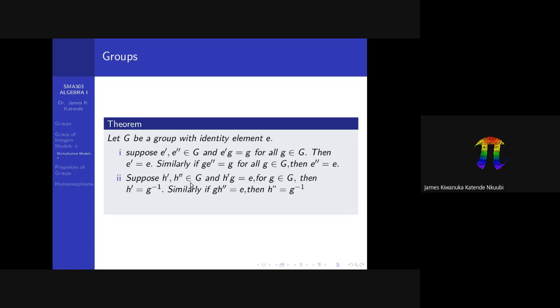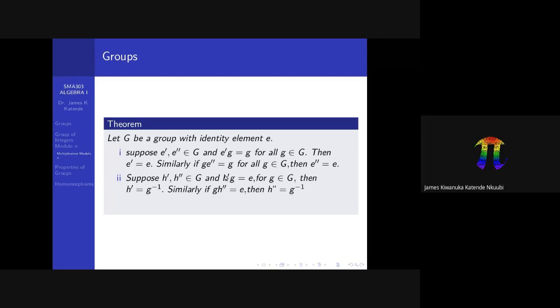So the next statement says, suppose we have two elements in the group, H prime and H double prime. And we can find another element, let's call it G, such that H prime G is equal to E. So this is not for all G, it's just for a fixed element in G. We find that H prime G is equal to E. Then this H prime must be the inverse of G. So anything that behaves like the inverse must be equal to the inverse.